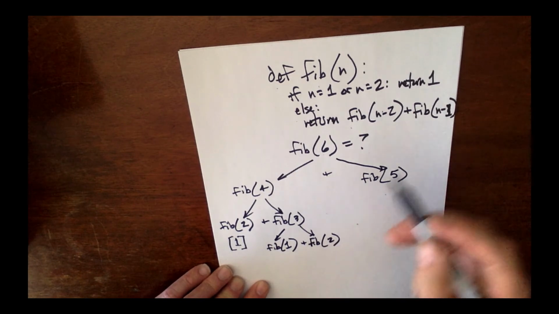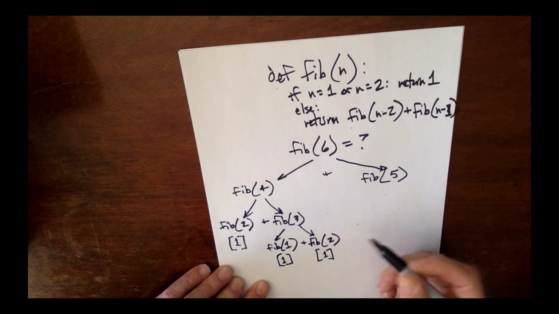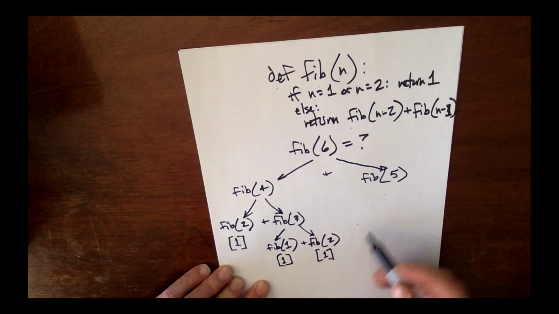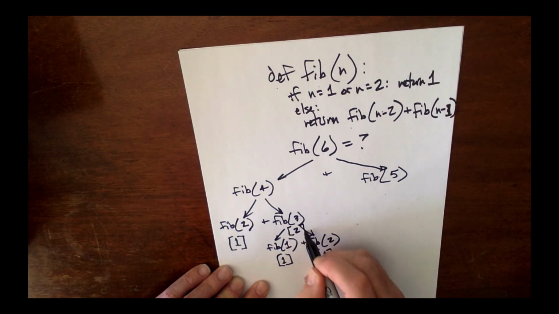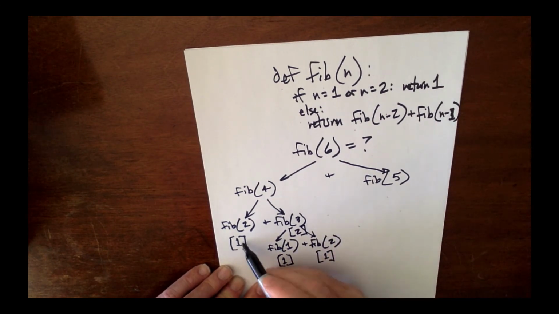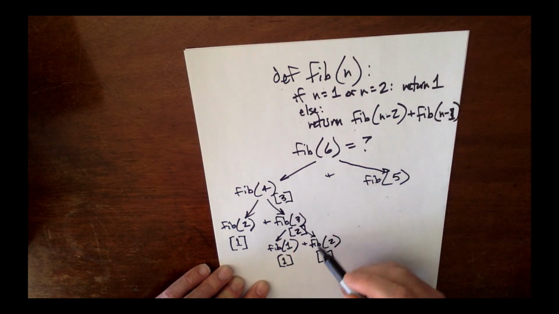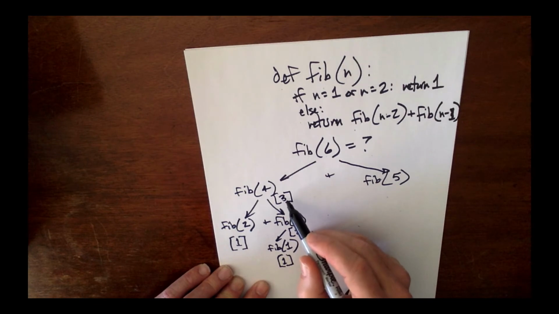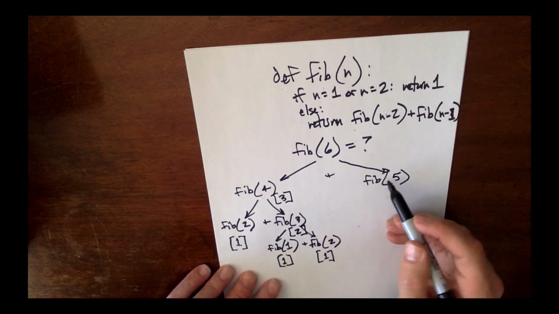And Fibonacci of 1 I know is 1, and Fibonacci of 2 I know is 1. So these values, 1 plus 1, in returning, we'll sum those values. This comes out to be 2. And 1 plus the 2 here comes out to be 3. And I'm doing really well. I just need to take that 3 and add it to the Fibonacci value of 5.